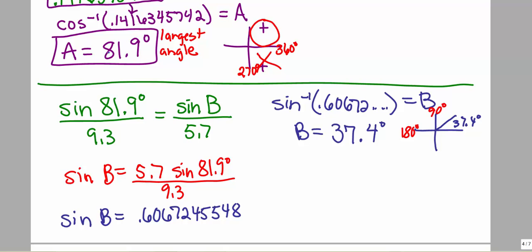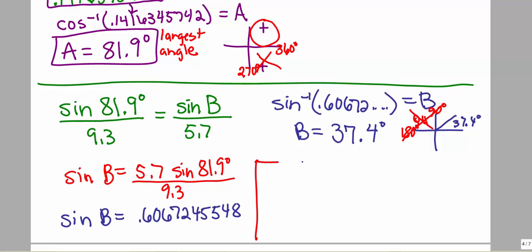So angle B cannot be larger than angle A. A quadrant 2 angle describing B would be larger than angle A, so we're not even going to look in quadrant 2 because we already know that angle B has to be smaller than angle A. So we can rule out quadrant 2.